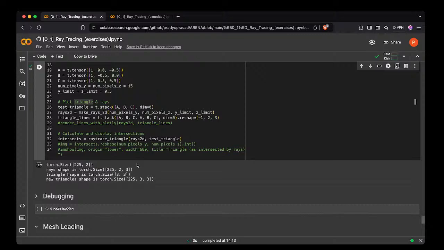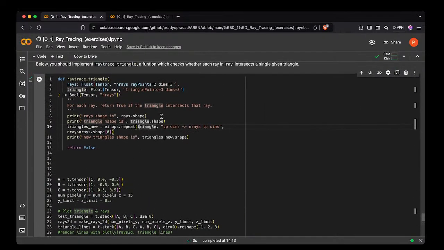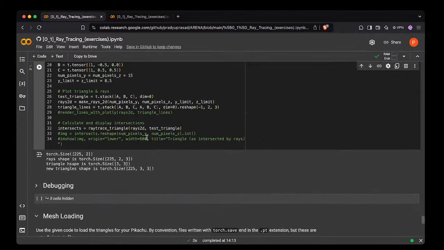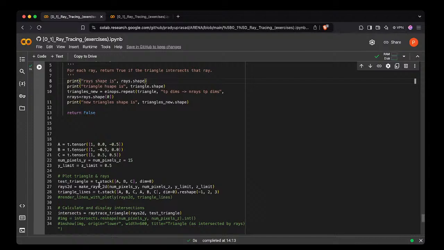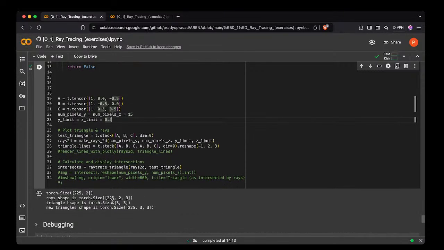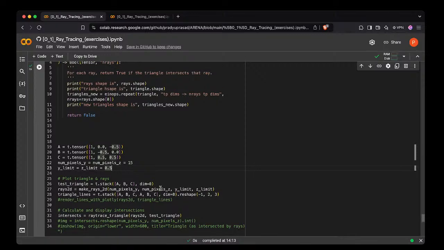Got it. Torch size 225 by 2. Raised dot shape is, that's odd. Why are we getting it by 2 over here? Don't know why. Okay, 225 by 2 by 3 by 3. Correct. Okay, very good.